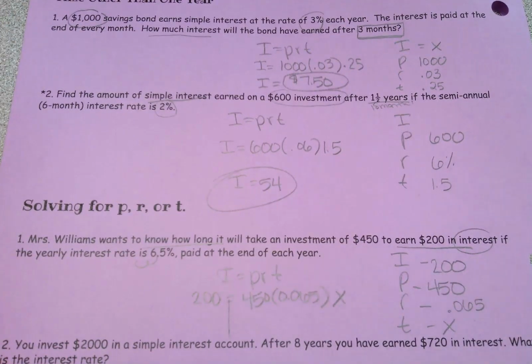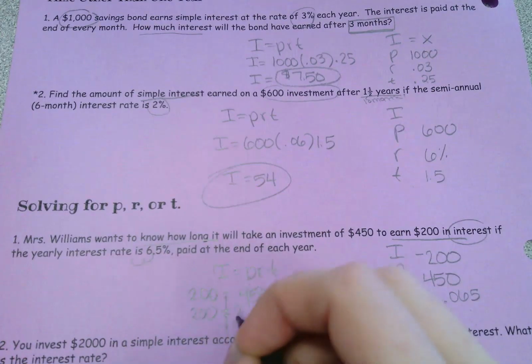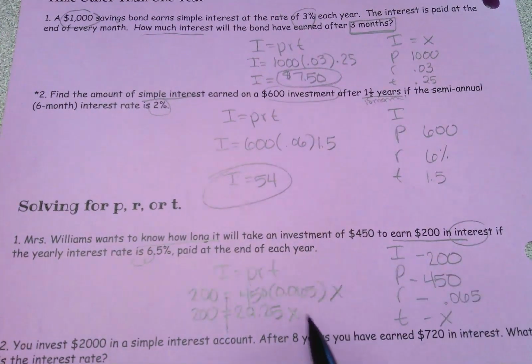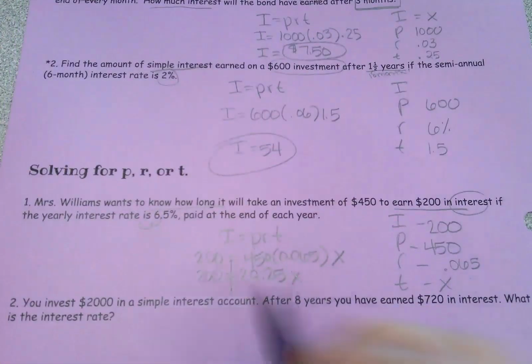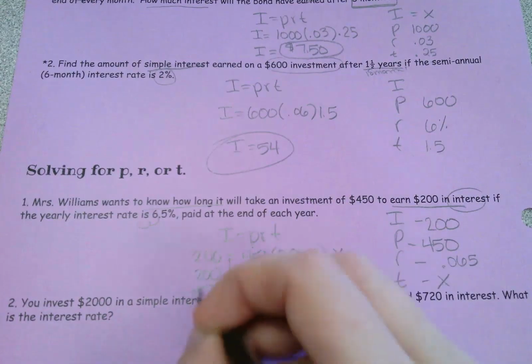When I multiply 450 times 0.065, I get 29.25. So I get 200 equals 29.25. But don't forget, I'm still multiplying by the X here. So to get rid of it, I'm going to have to divide by 29.25.